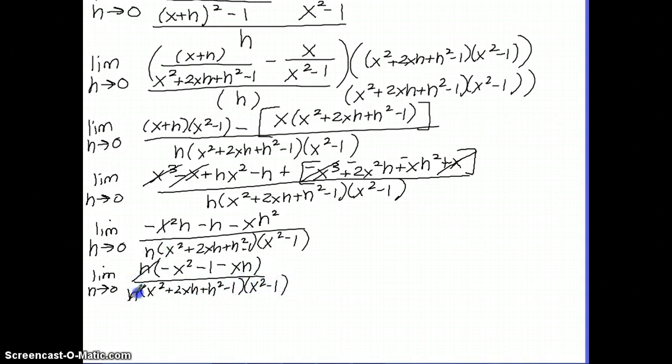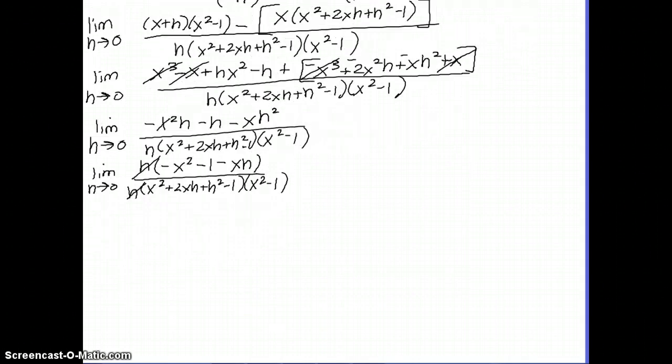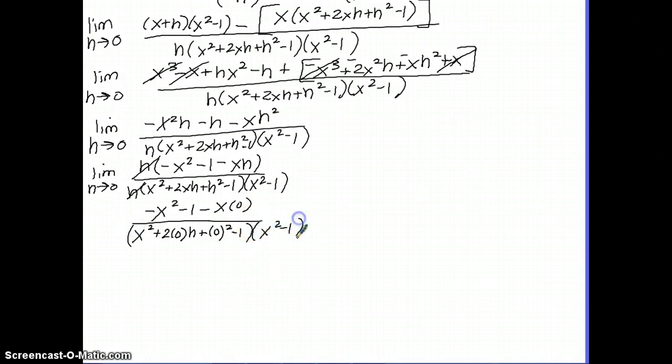Finally, our h's cancel out, and now that our h's cancel out, we're finally ready to plug in a 0 for h. So up top, I've got negative x squared minus 1 minus x times 0 over x squared plus 2 times 0 times h plus 0 squared minus 1 times x squared minus 1.